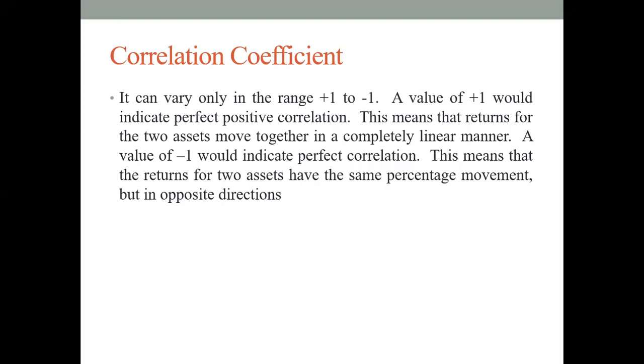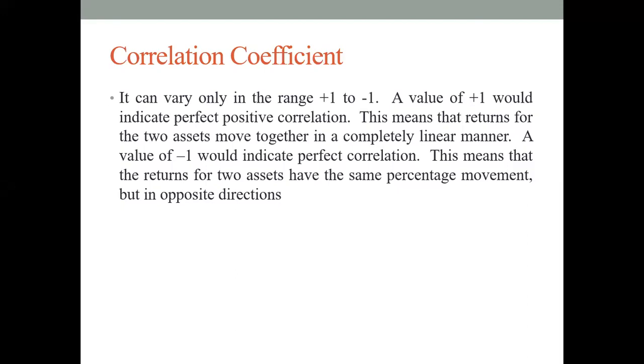So the increase or decrease movement is perfect in the same measure but in the opposite direction, and that opposite direction means it's negative. So minus one correlation means low risk associated in a portfolio, and that is very important in portfolio interpretation. Plus one correlation means highly correlated assets, which are highly risky assets, while assets having minus one correlation are less risky.